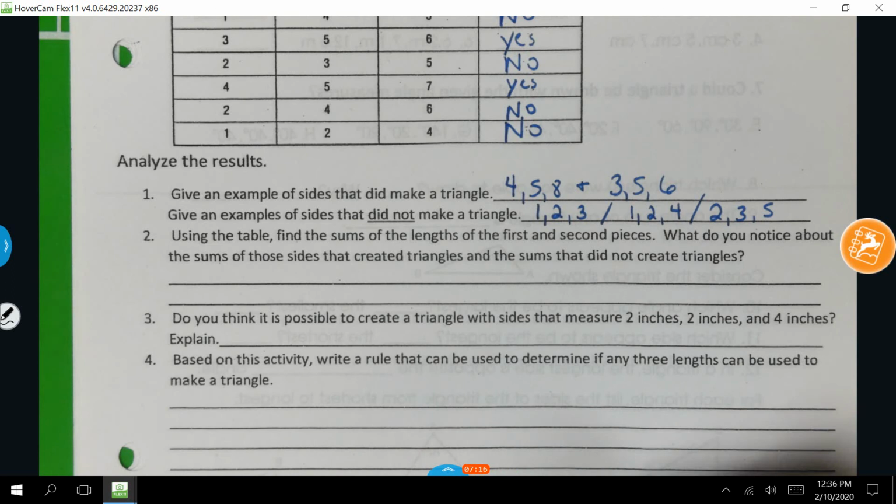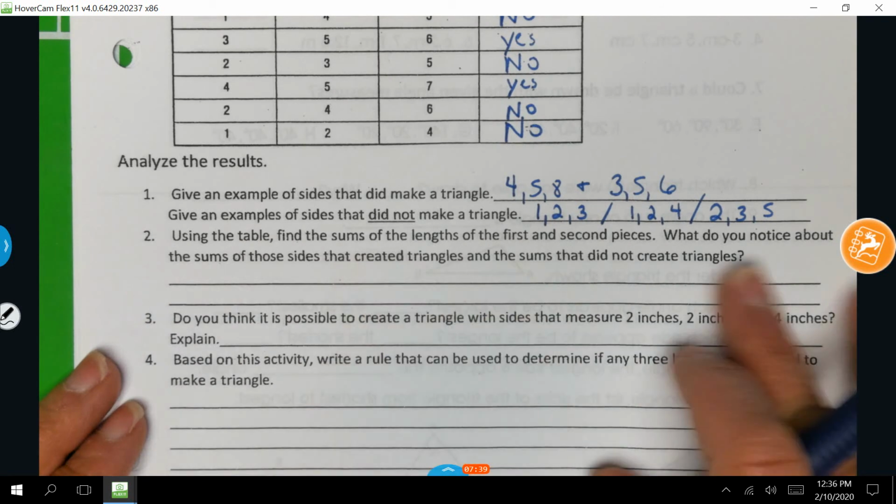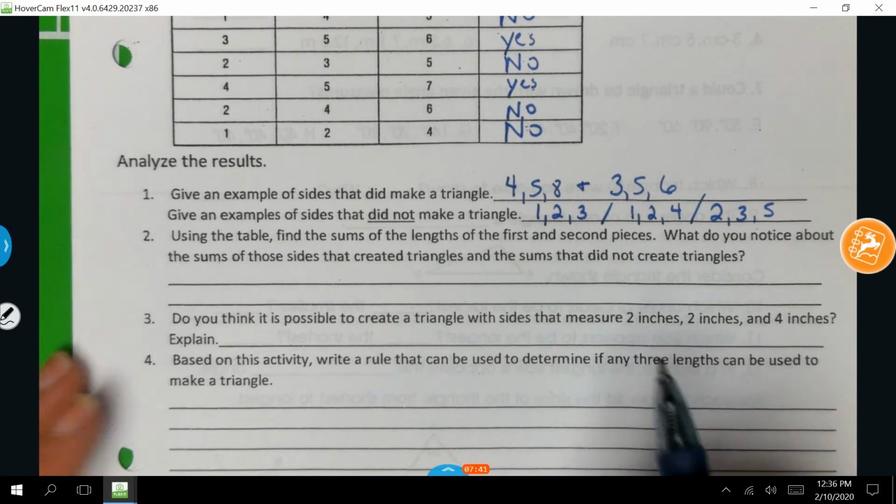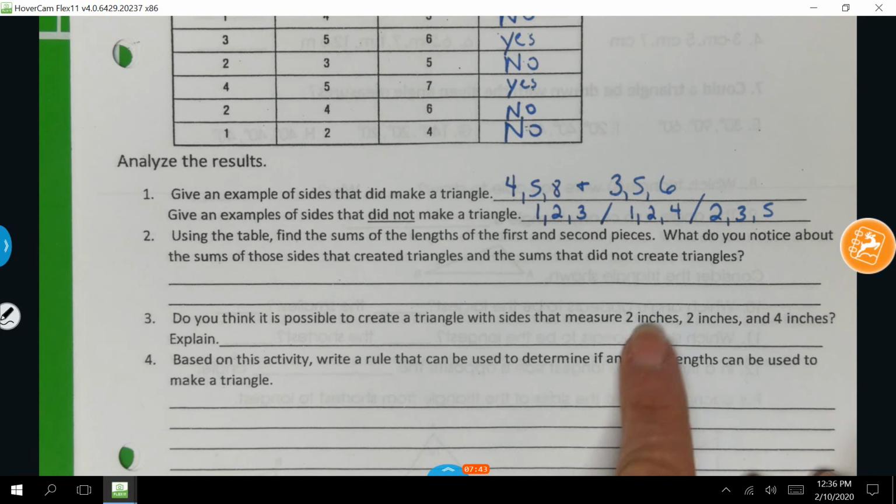So in case that they couldn't hear in the video, you guys said if you add the two shortest lengths, it has to be greater than that third length in order to make a triangle. If when you add the two shortest lengths it's less than or equal to it, it will not make a triangle. So something like that for number 2. So knowing that now, would a 2, 2, 4 make a triangle?